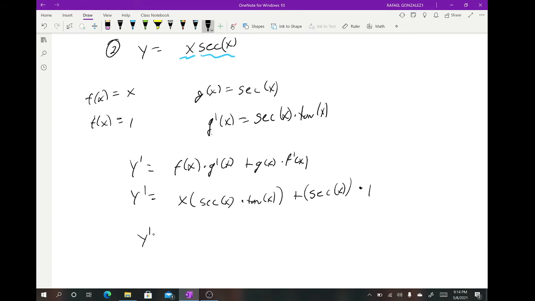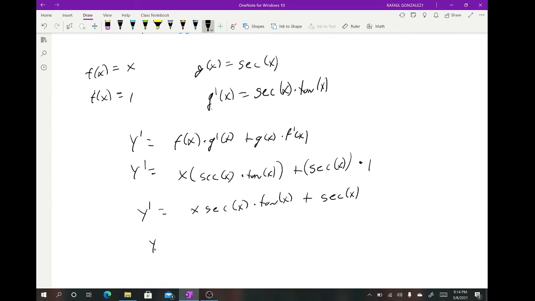Well, this simplifies to, you can multiply the x through, so you get x secant x times tangent x plus secant x. Notice that both of these terms have secant of x, so we could factor the secant of x out.